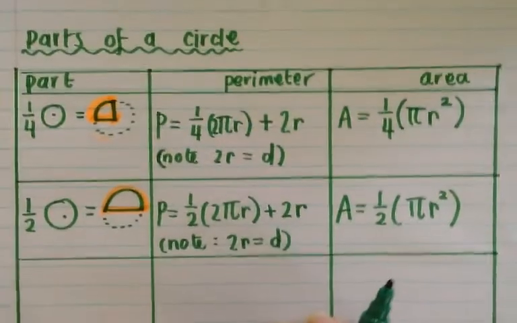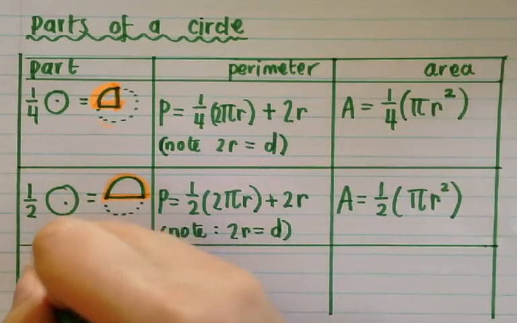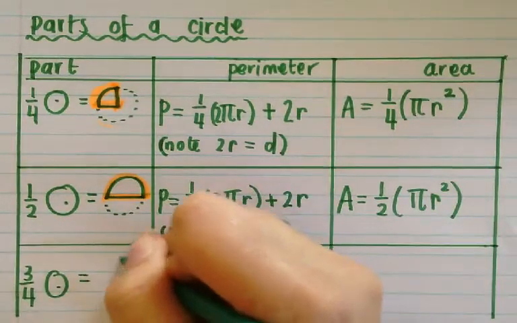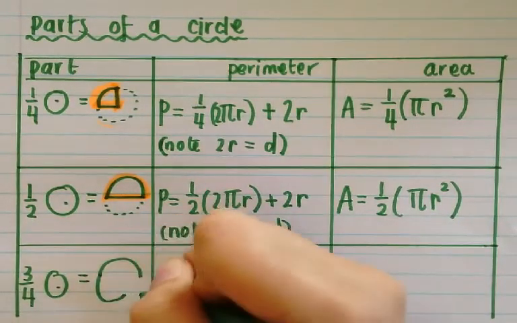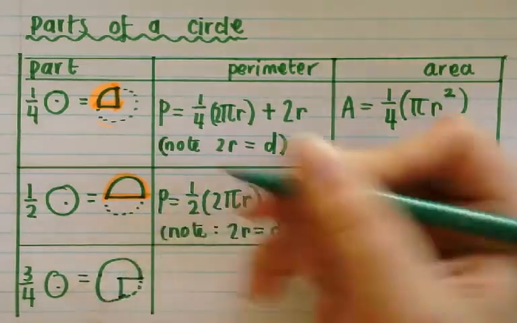And my last one that I'm going to look at is, what if I have to do 3/4 of a circle? Well, that's going to be a half plus a quarter. I need to close the shape.